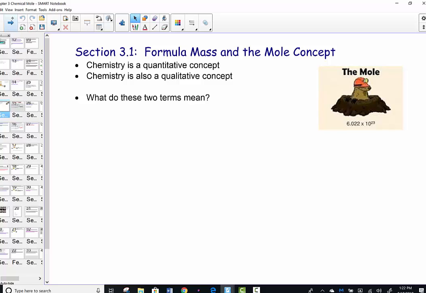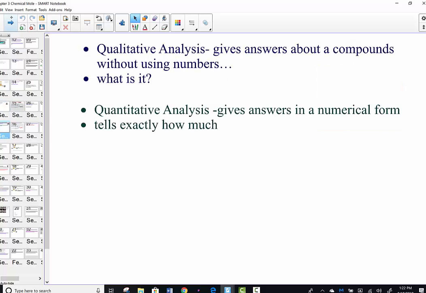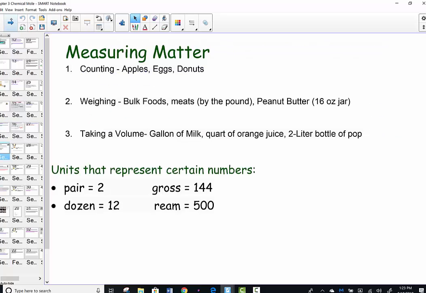The mole is the central unit that allows me to exchange between the ways that we measure matter: counting, weighing, and taking a volume. Answers given to us with numbers are quantitative. Answers that are not in numerical form, but rather a description, observation-based, are qualitative analysis. In chemistry, you will have your share of both.